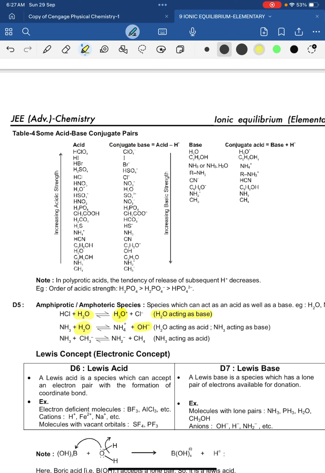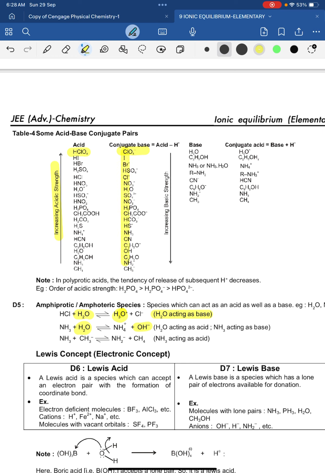This is the order we need to know. They provided a list of compounds: which is acid, which is base, which is strong acid, like that. One statement: strong acid means its conjugate base is weak. HCl is a strong acid; the corresponding one is ClO4 minus, a weak conjugate base. So this is acidic character in increasing order, and this is conjugate base strength in decreasing order.